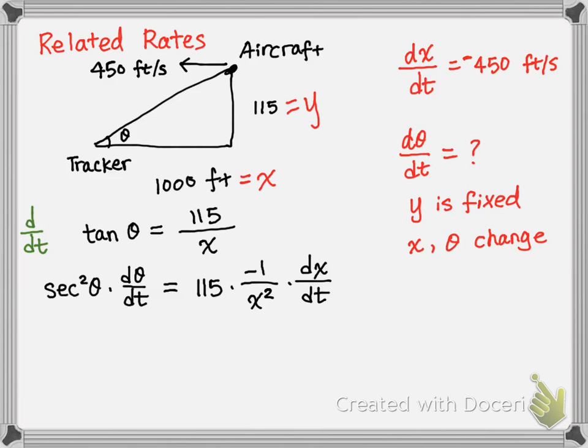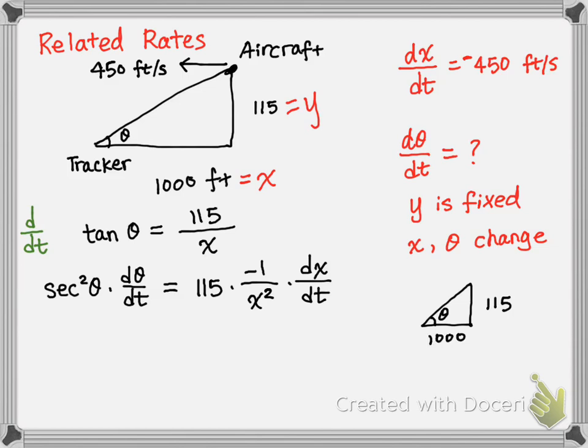Okay, so what is secant squared of theta? Well, you have to find out what theta is at that point. This is theta, and this 115 is fixed. But the question is asking when x equals 1,000.